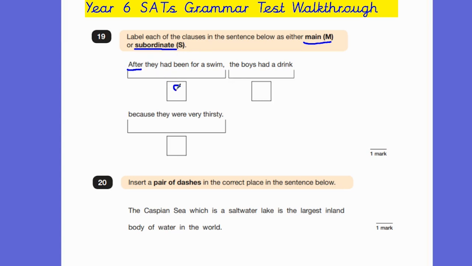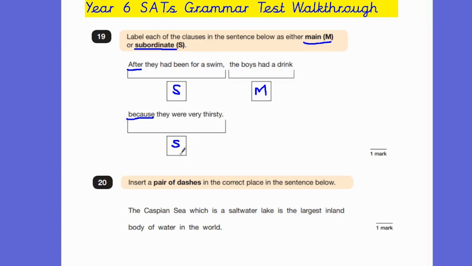It doesn't make sense on its own, so that is subordinate. The boys had a drink. I have my subject, verb, and object, so there is my main clause. Because they were very thirsty, that contains a subordinating conjunction, and it doesn't make sense on its own, so that is going to be S for subordinate.